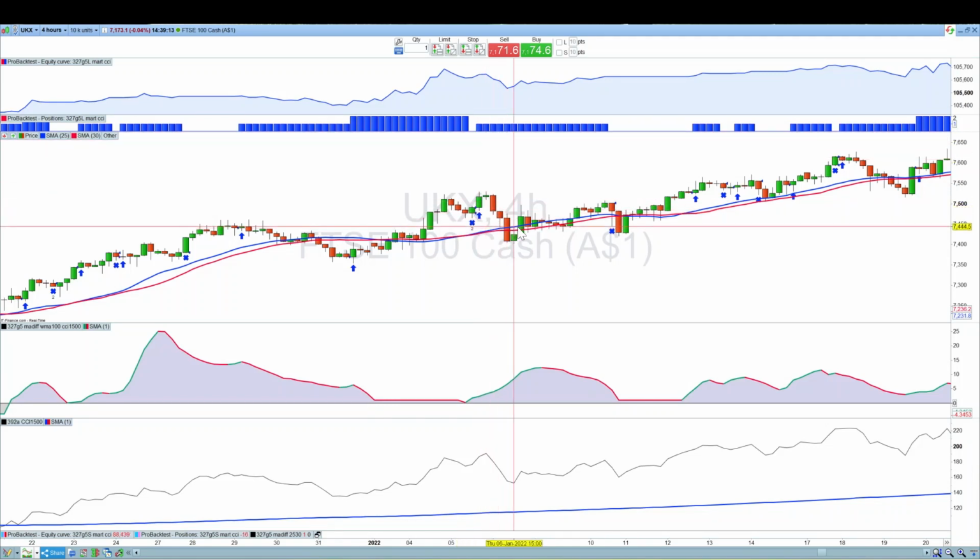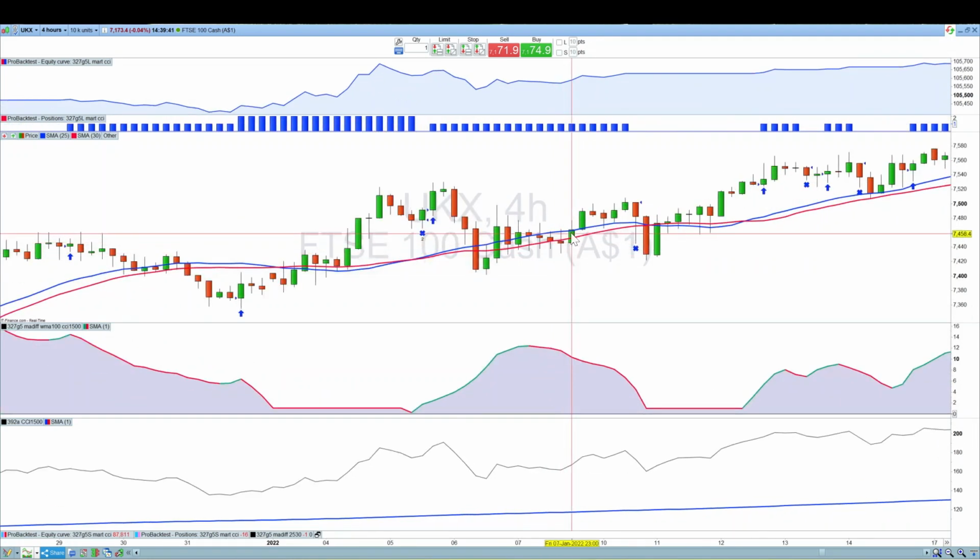The price drops off a bit, goes sideways. Now, the difference of the two moving averages declines, hence we get the red signal. So you can see there the moving averages start getting a bit closer together until that point there when they cross over. So the moving average difference declines.